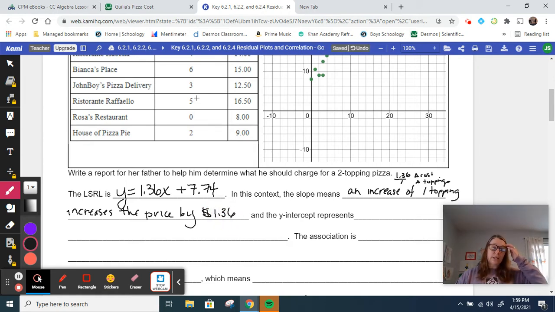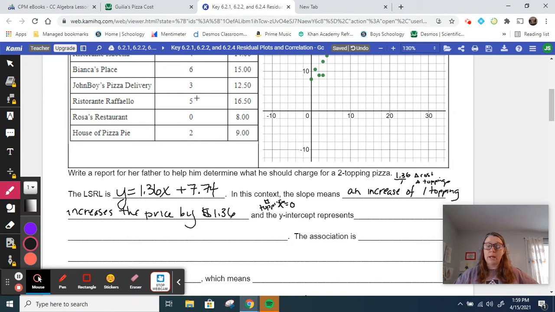Okay, and then the y-intercept. So the y-intercept is 7.74. The y-intercept is the y value when x is 0. And in this case, x is the number of toppings. So when the number of toppings is 0, the y-intercept is 7.74.